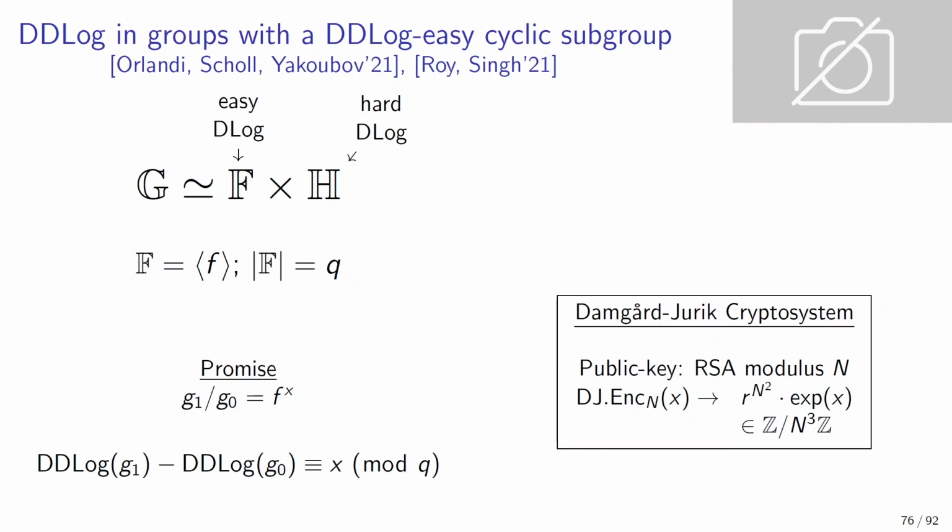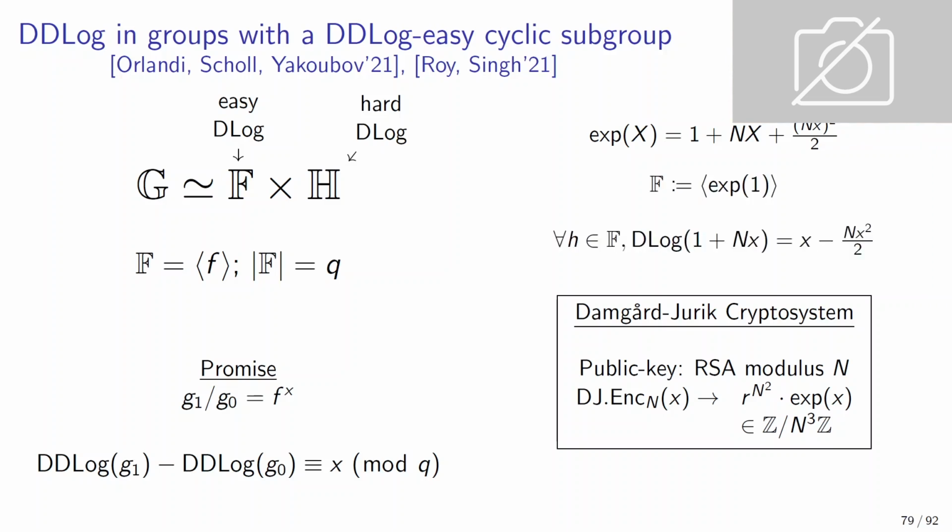Now we're working with the multiplicative subgroup of Z over n cubed Z. I claim that every element of the group is like r to the n to the a squared times some exponential to some value x. And I claim that my easy discrete log subgroup can be the group generated by 1 plus n squared over 2.